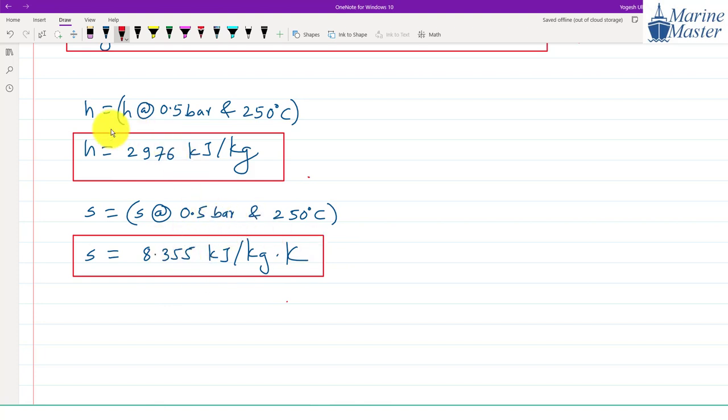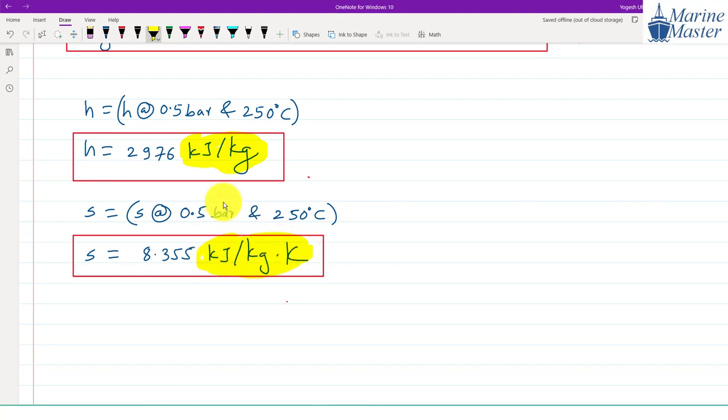How do we come to know that it is specific? By its unit. We are saying enthalpy, but actually it is specific enthalpy. And how do we come to know that it is specific enthalpy? By its unit, guys. From the units, we will come to know whether it is specific enthalpy or specific entropy.